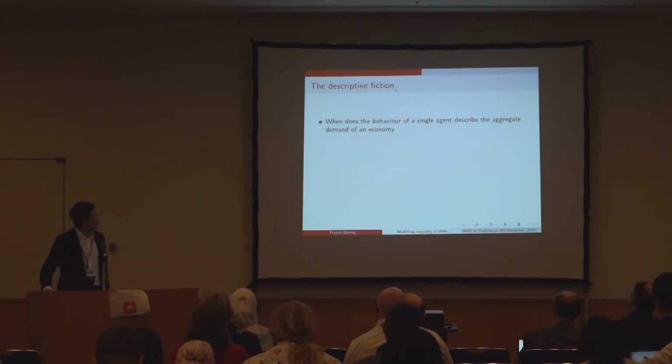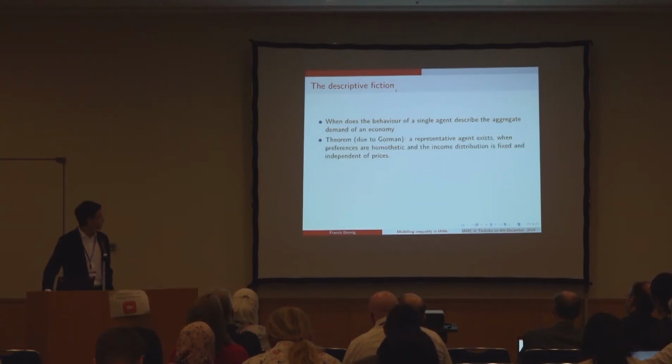So the question is, from the point of view of the descriptive fiction, when does the behavior of a single agent describe the aggregate demand for all the goods that are being demanded? The theorem has existed since the 70s, and it's due to Gorman.